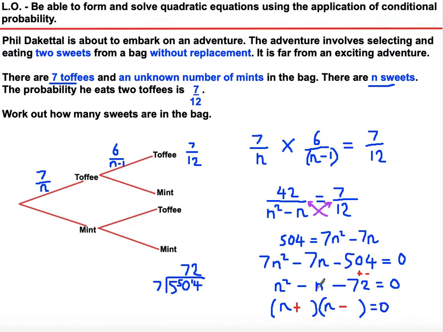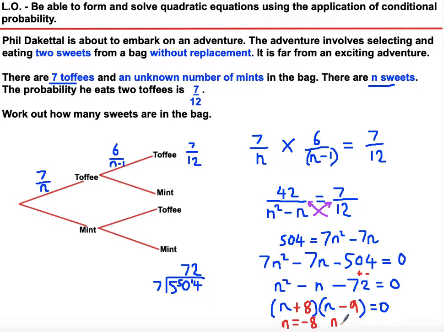To make minus n, it's going to be plus 8 and minus 9. That's the perfect factorization, and then your solutions are just the opposites of what's in the brackets, because n plus 8 or n minus 9 must equal 0 for two numbers times together to make 0. So the number of sweets could be minus 8, or it could be 9.